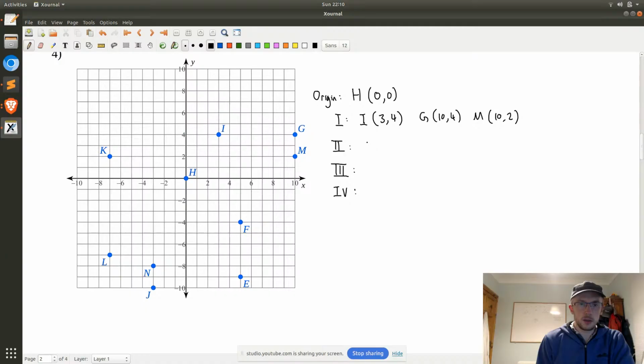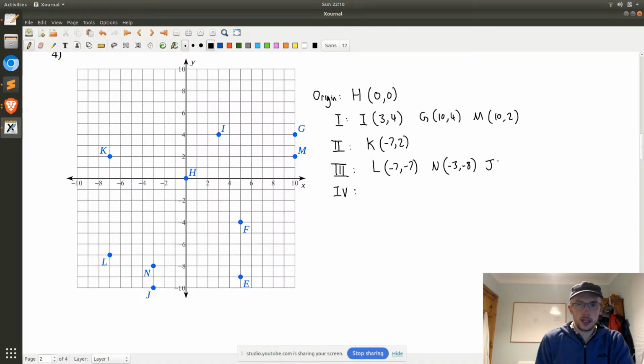And in quadrant 2, K is -7, 2. In quadrant 3, L is -7, -7. N is -3, -8.